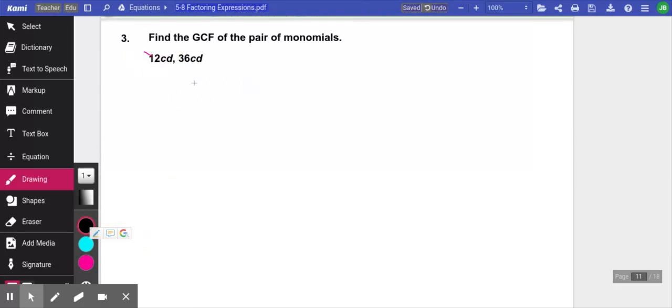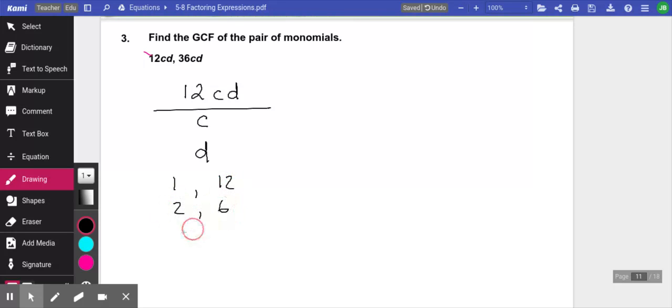So 12CD and 36CD. We have C, D, 1, 12, 2, 6, 3, 4.